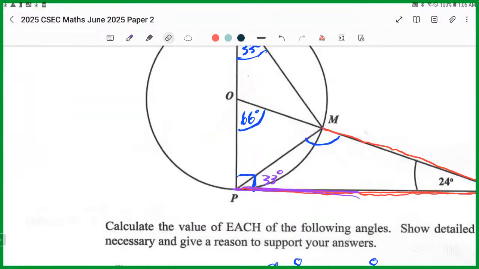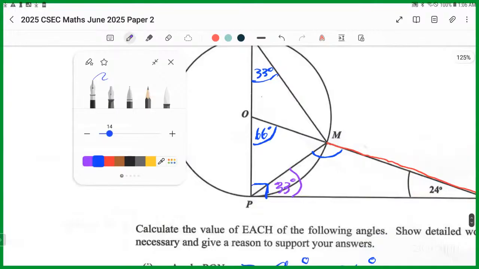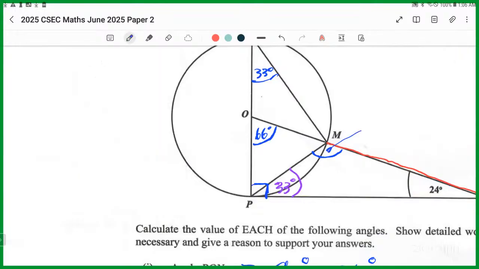That angle is 33 degrees, equal to the angle between the tangent and the chord, and equal to the angle subtended by the chord. Now the angle that we want over here is going to be 180 minus these two, since the total angle in that triangle is 180. This one is 180 degrees minus the sum of 24 and 33.